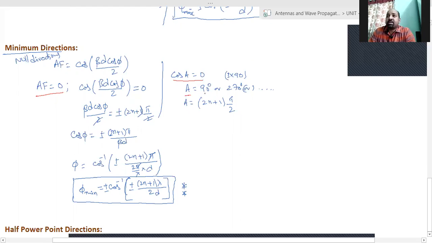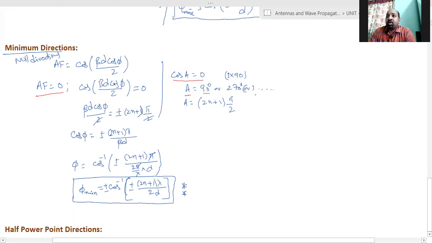A is 90 degrees or 270 degrees, and so on. So A is at every odd multiple of pi by 2, where you will get cos equal to 0. Therefore, A is equal to (2n plus 1) pi by 2, where n is equal to 0, 1, 2, and so on.